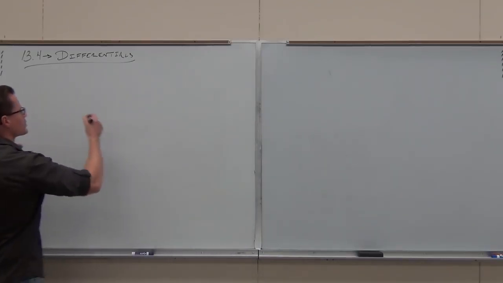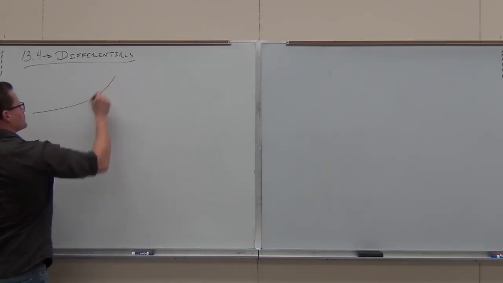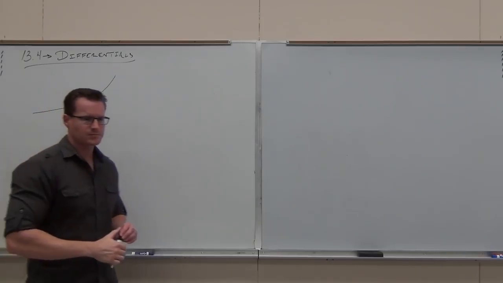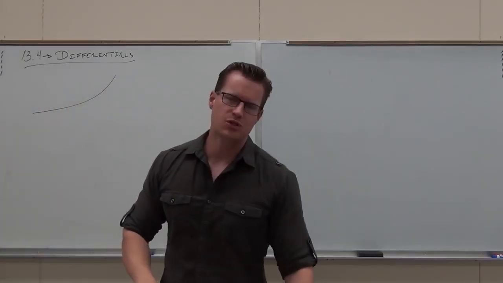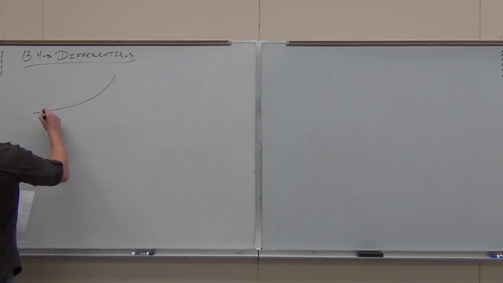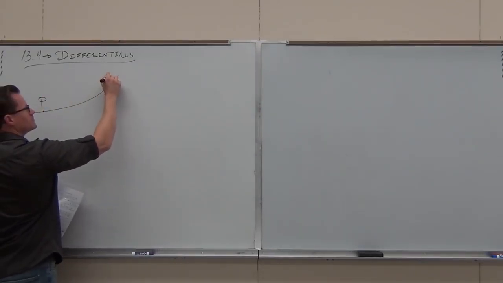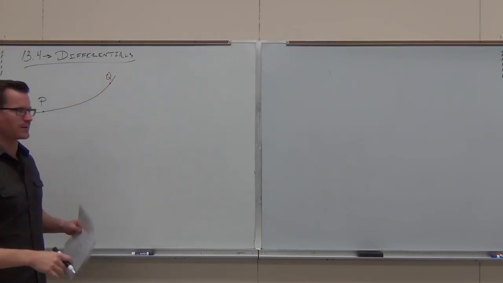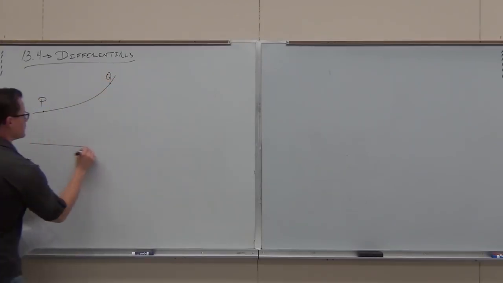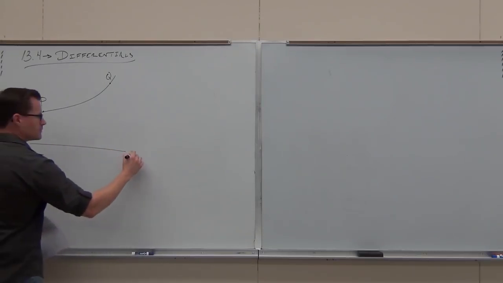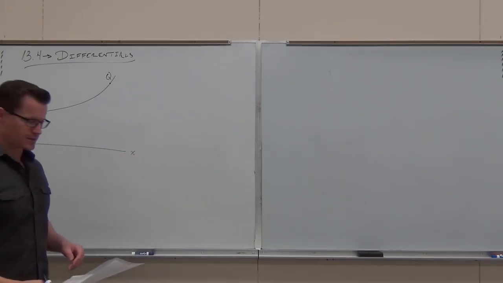Imagine you have just this curve. And we've got 2 points on this curve, our famous P and Q. So basically what we always practically have. And here's our x-axis.